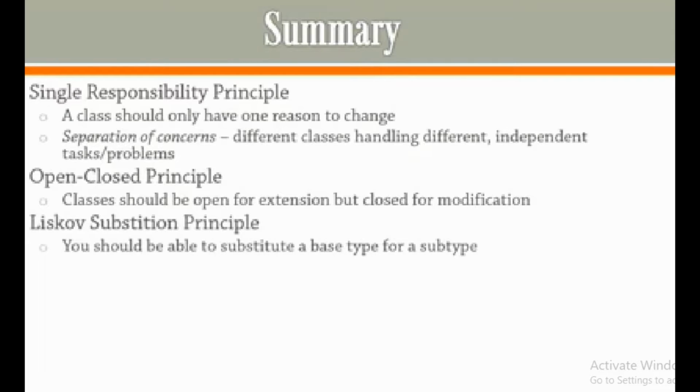Next up, we had the Liskov substitution principle, a basic idea, once again, that you should be able to substitute a base type for a subtype, because object-oriented design requires that you can cast a descendant to its base and store it in a variable of the base type, and it should still operate correctly for the most part, meaning that you might want to make certain things virtual so that you are accessing the correct members.